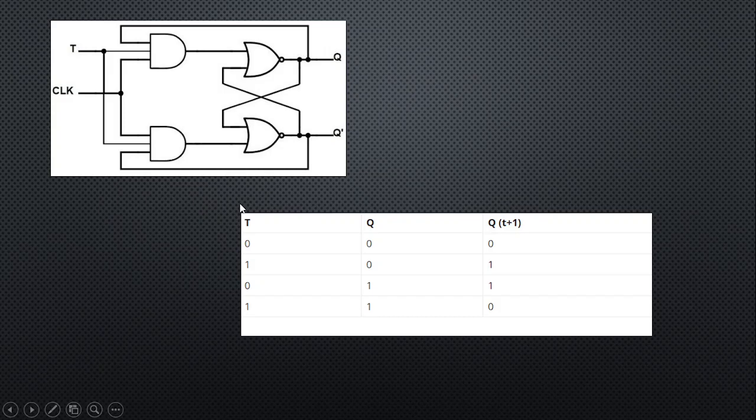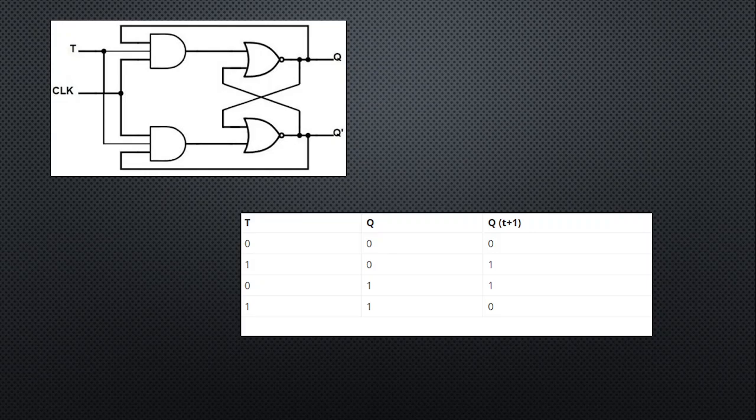So as you can see, here is the circuit, right? Based on the truth table, there is a toggling of outputs. As I understand the table, when T is at logic 0 initially, we have 0 0 first. So when T is high, what happens is Q remains the same, it latches the same output.